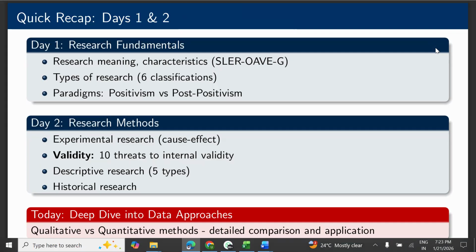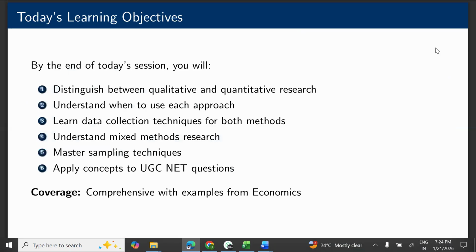So today we'll be discussing more the type of data or approach, the measurement scales. Then largely we'll be discussing qualitative versus quantitative methods, detailed comparison and application, right?